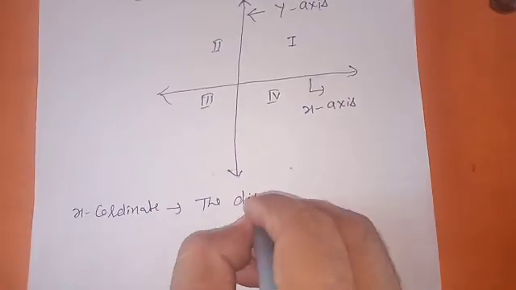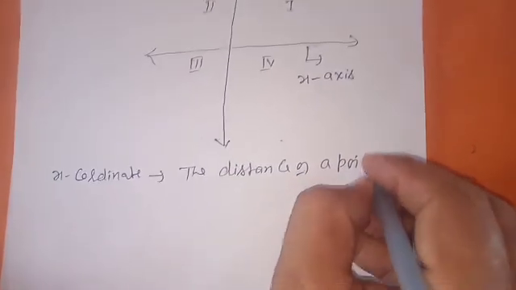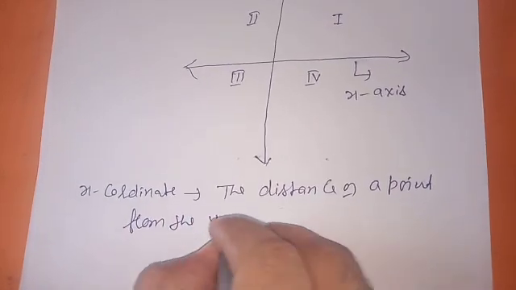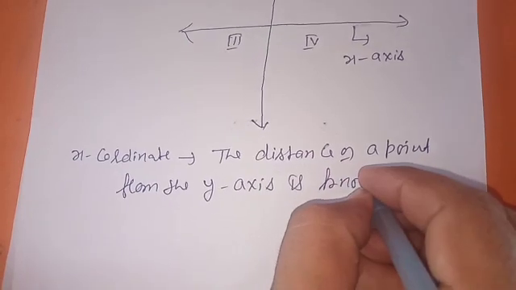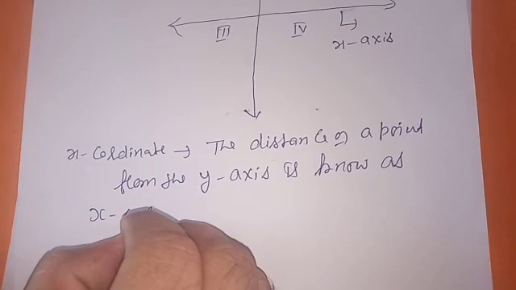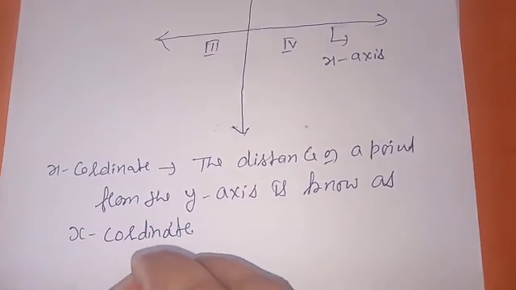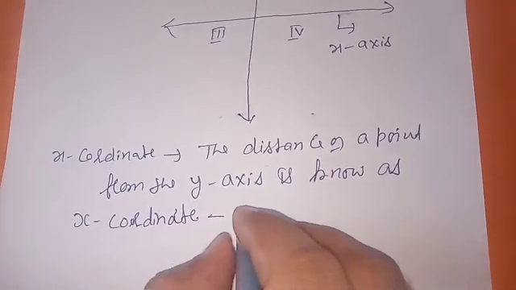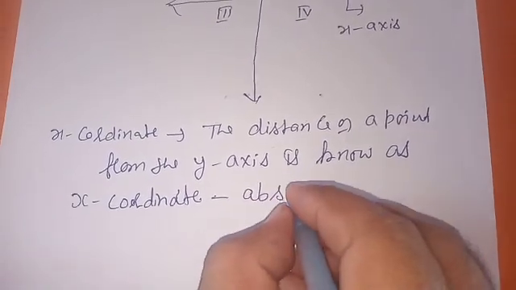The distance of a point from the y-axis is known as the x coordinate. Understood? Or you can say, what's the other name? It's abscissa.